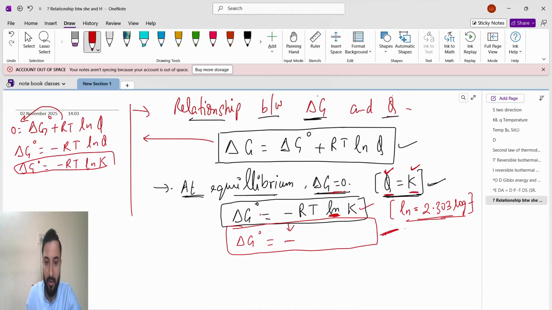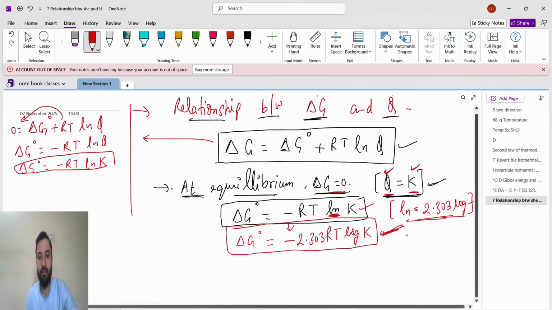So delta G naught equals minus, as it is, 2.303 RT log K. We will use this for the numerical because natural ln is not possible. So we have both equations. If we remove the ln, we get the log form, which is minus 2.303 RT log K.